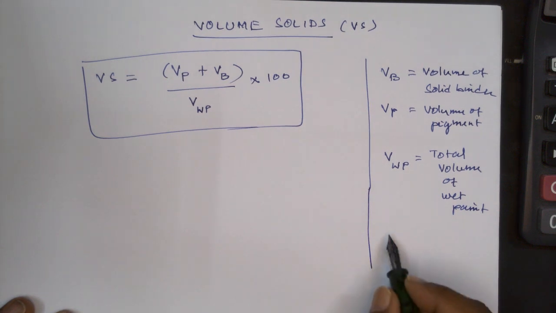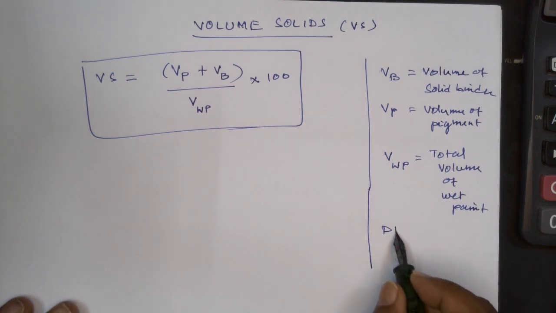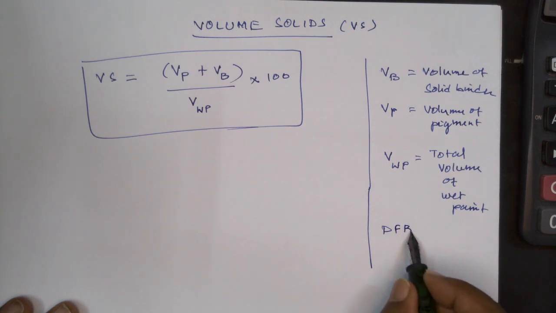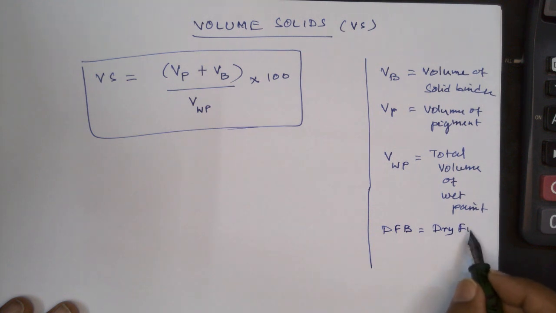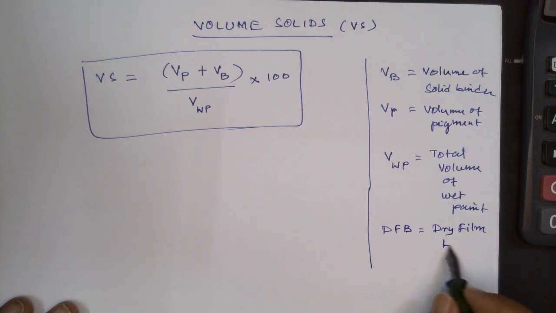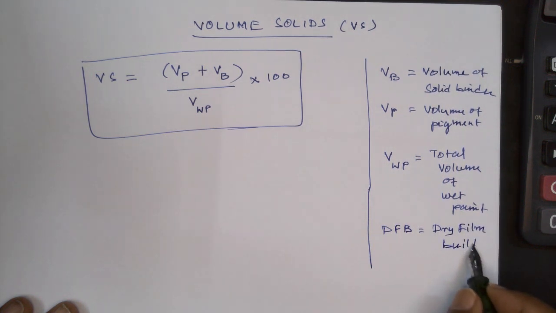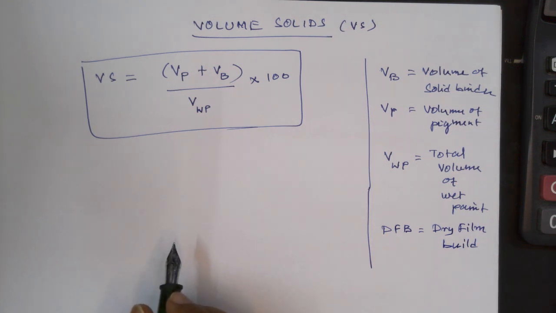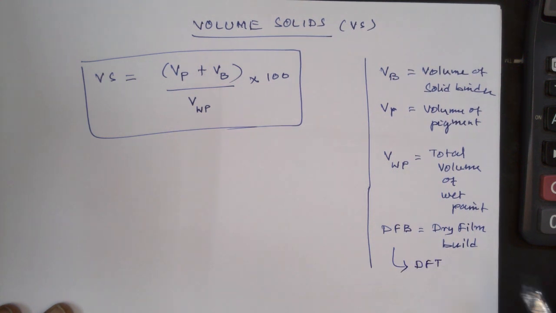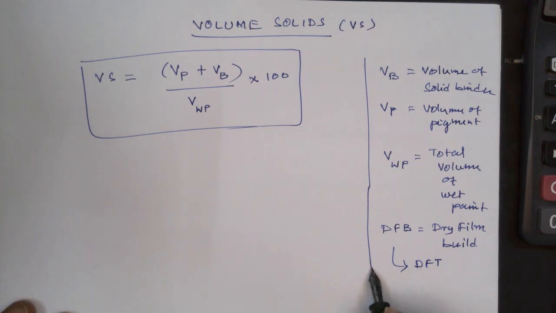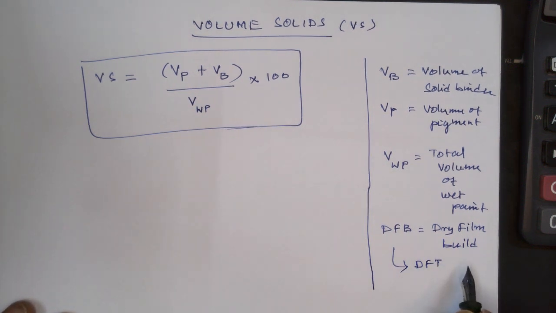Let me introduce another term, dry film build. Okay, so this describes the DFT, dry film thickness of the paint that is left on the substrate after drying.